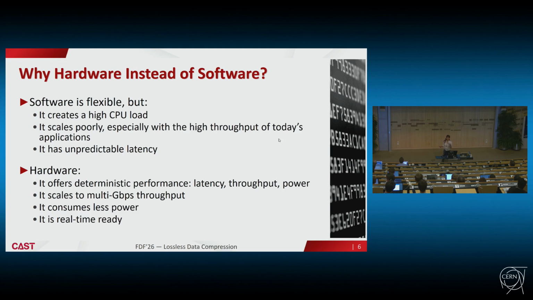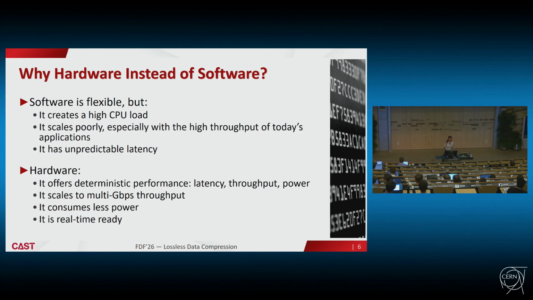So software is good, but hardware is better. Why? Software is flexible, but it creates a very high CPU load. Okay. It scales poorly, especially on the throughputs that are required today, like hundreds of gigabits per second. You cannot scale that on CPUs and GPUs.